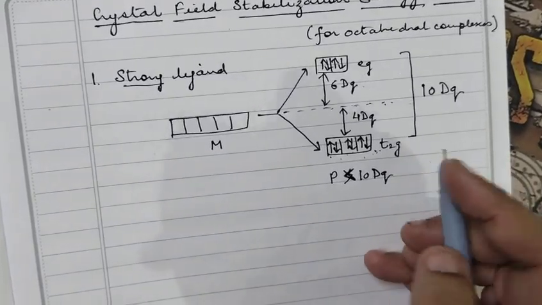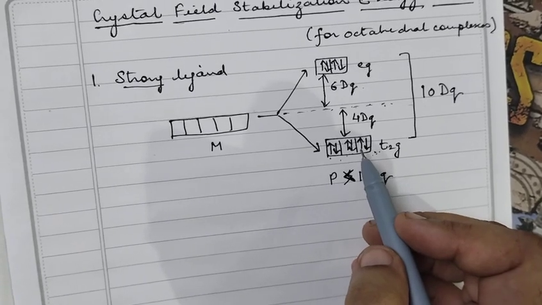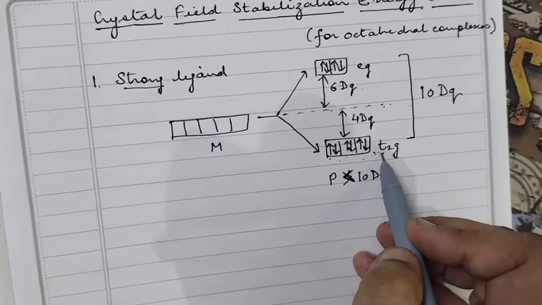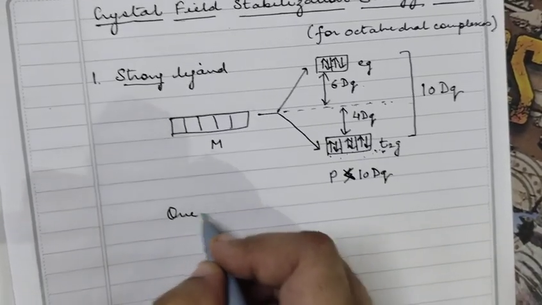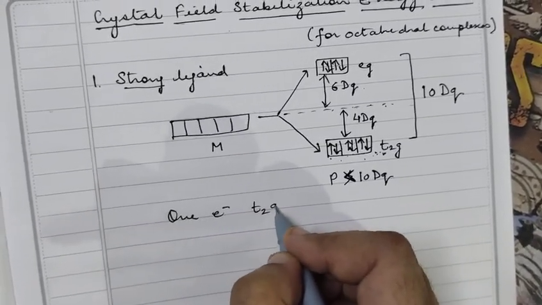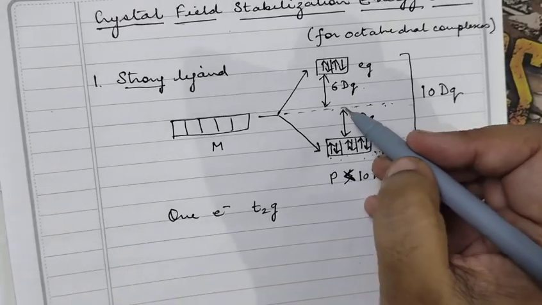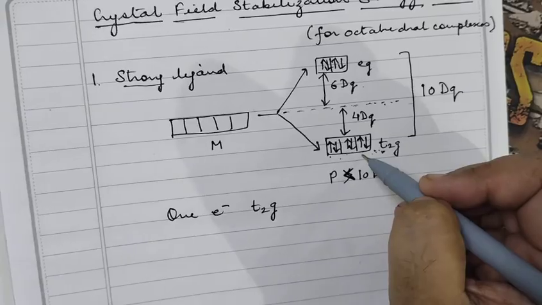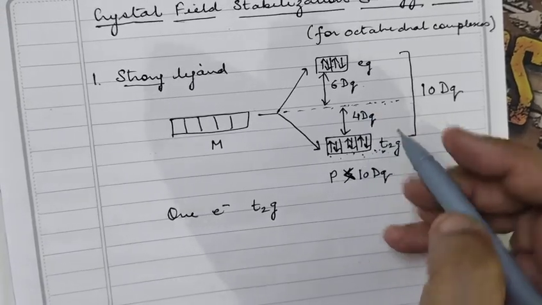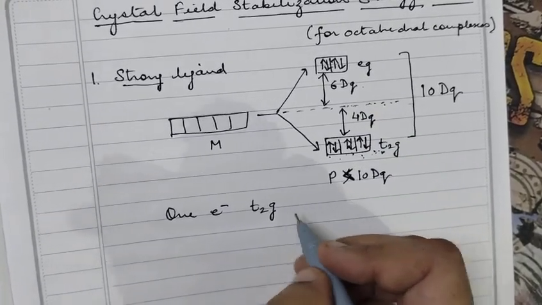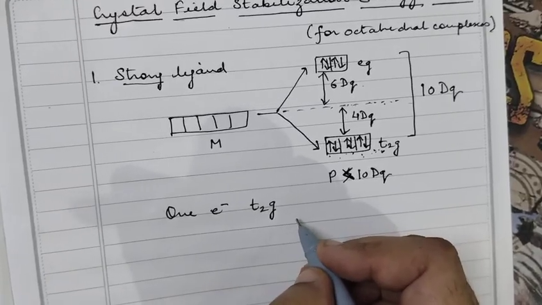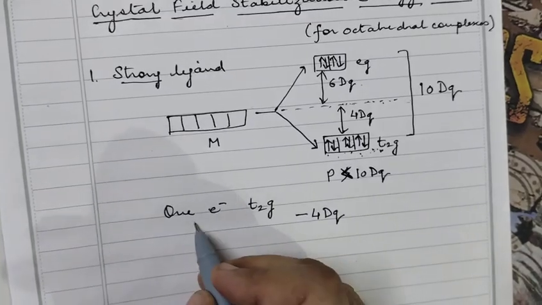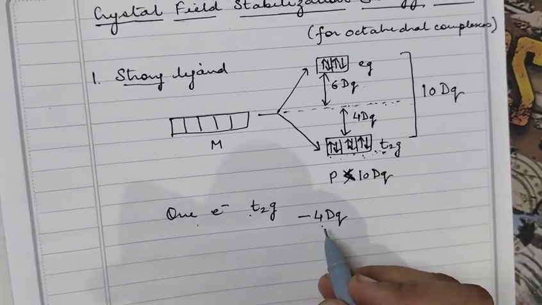Now what you have to remember for calculation of stabilization energy is that for one electron which is being filled in T2G, the level of T2G is 4 dq below. That is, the CFSE calculation will involve minus 4 dq for one electron filled in T2G.